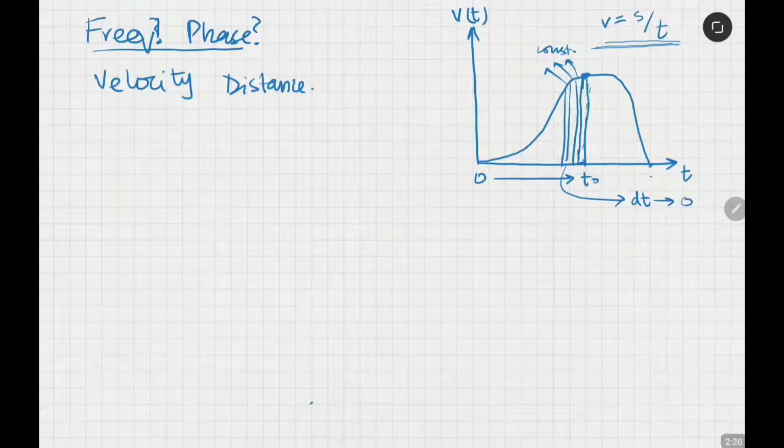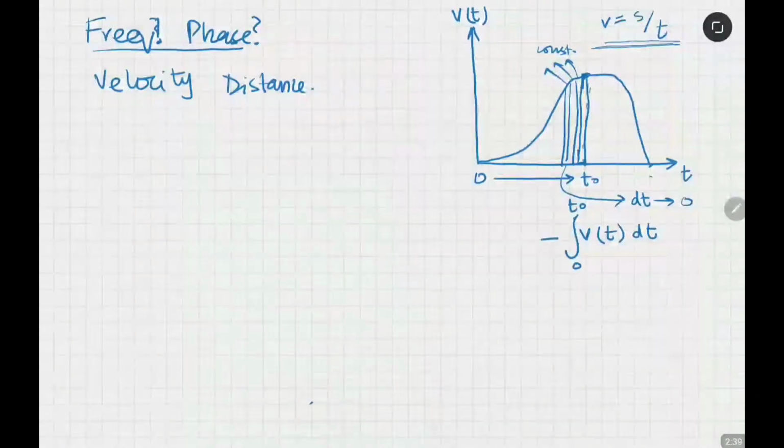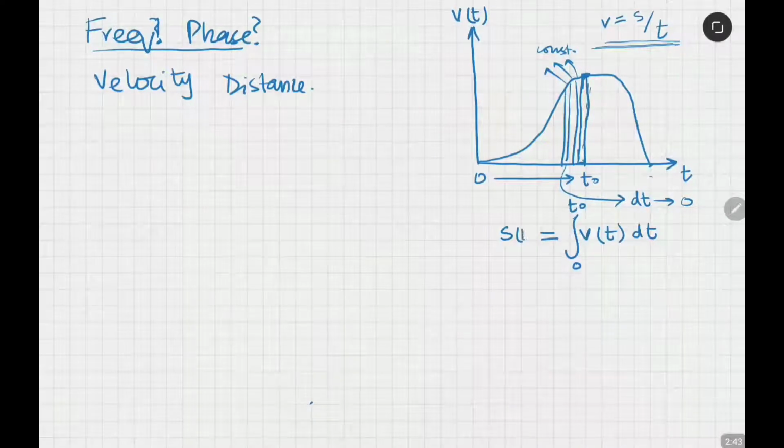It's really small, right? Now what I need to do is multiply the velocity at any point by dt and sum it up from 0 till t naught. Now this gives me the distance that I've covered from 0 till time t naught.